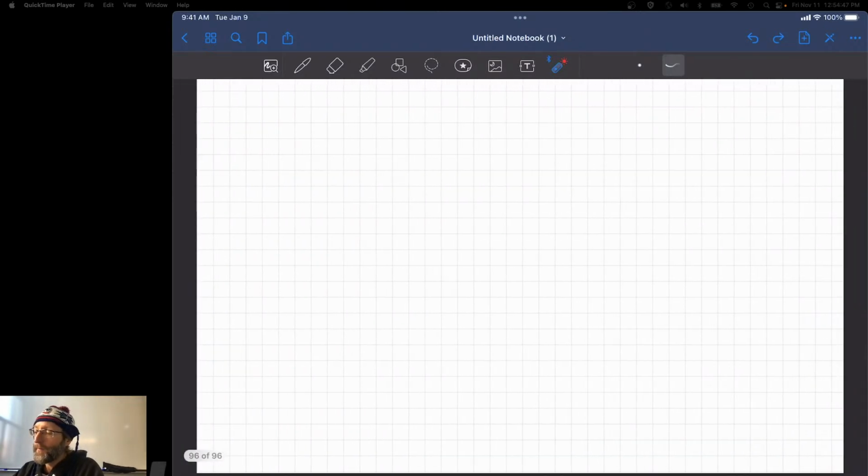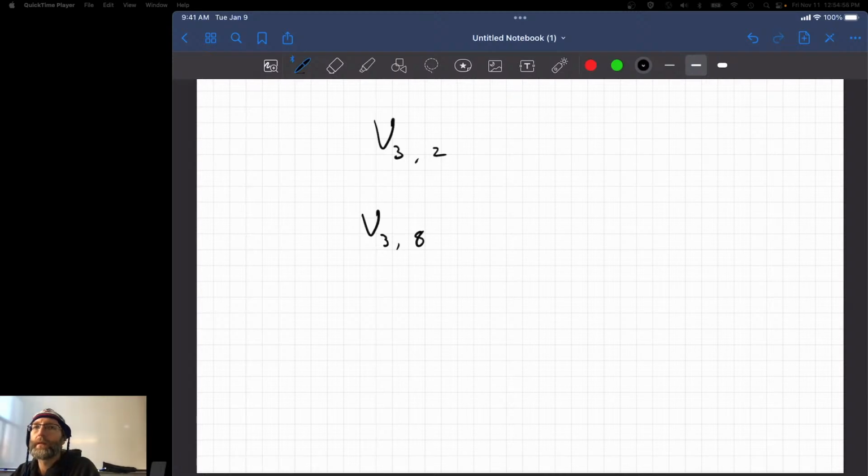So, for example, if I've got V sub 3, 2 and V sub 3, 8, this is considering items 1, 2, and 3, but I can only carry 2 pounds. Here I can carry 8 pounds.